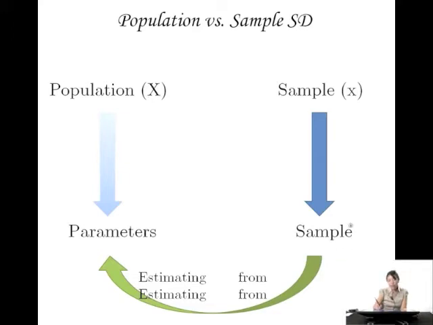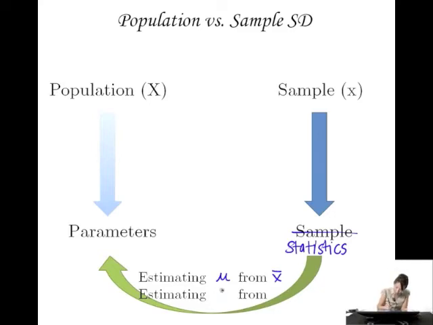And in order to make that leap, we're always going from sample statistics, right? This should say statistics, to population parameters, right? And so we're going to be estimating things like mu from x bar, right? That's estimating the mean of the population from the mean of the sample.